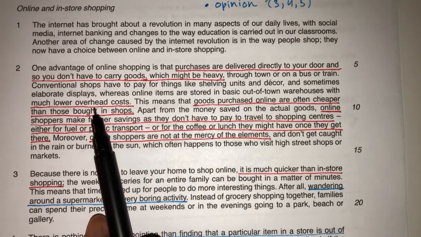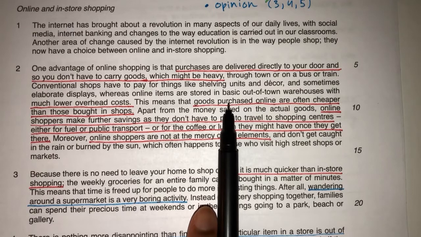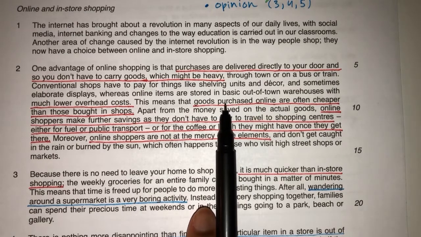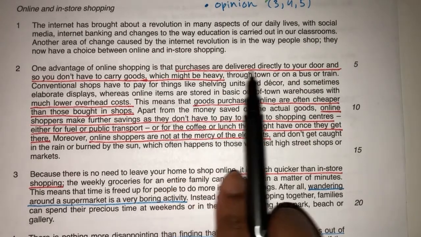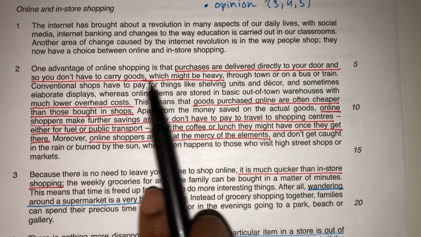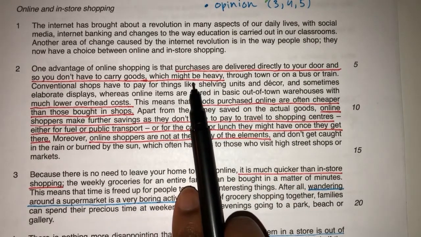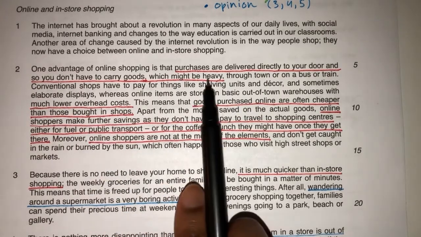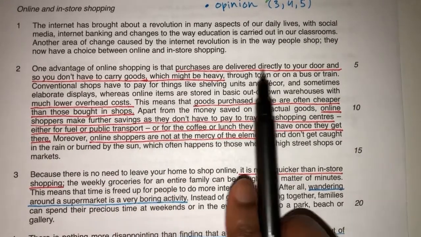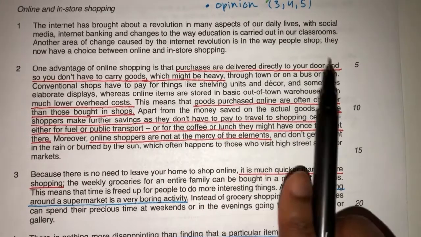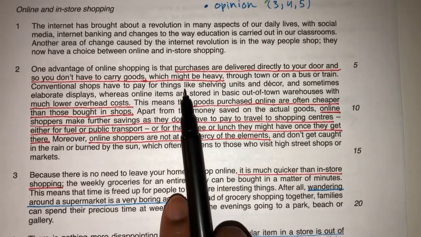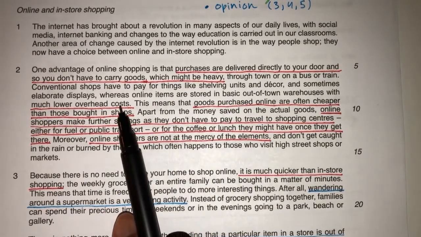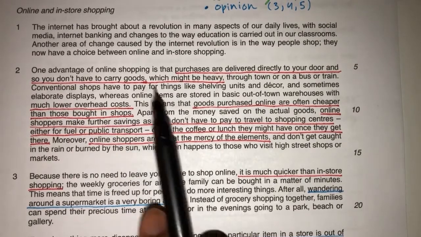They're lower overhead cost, which makes, okay. Delivery straight to your door, which means you don't have to carry heavy stuff. Lower overhead cost, again, same idea. A means B. Delivery to your door means don't have to carry stuff. Lower overhead cost means cheaper prices online.